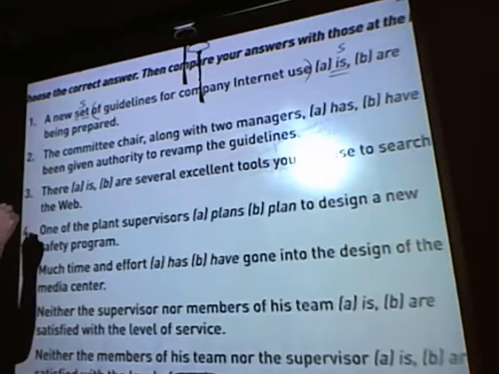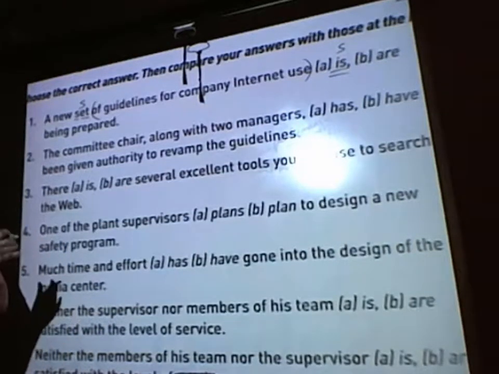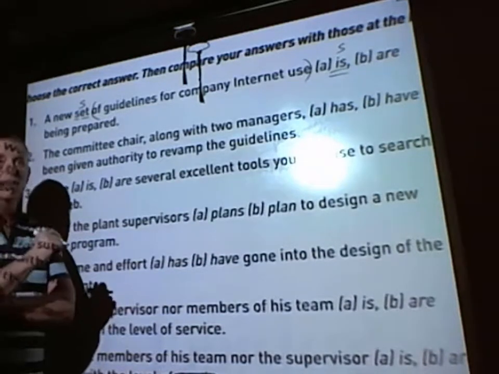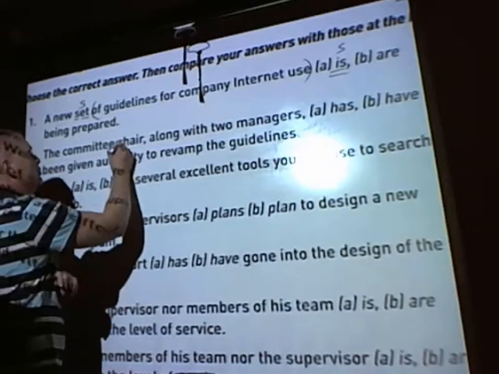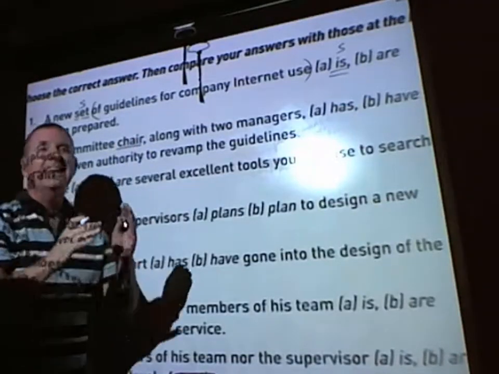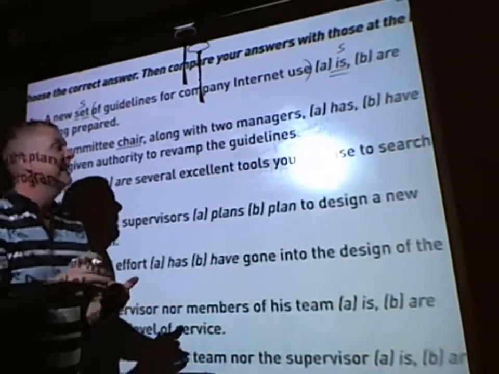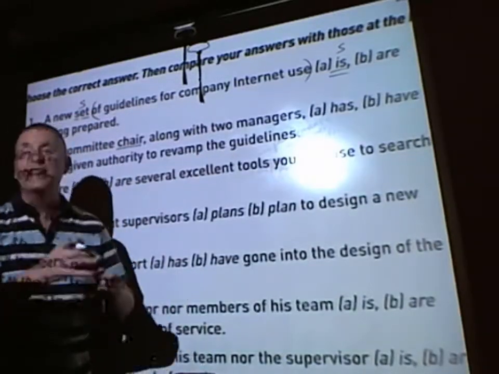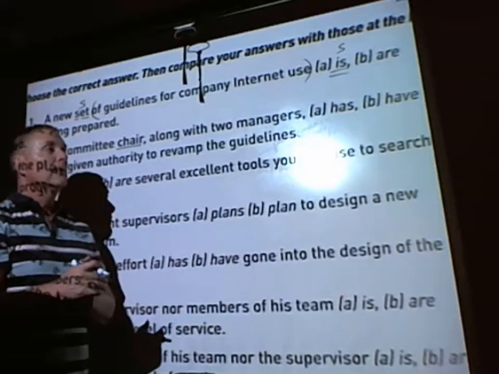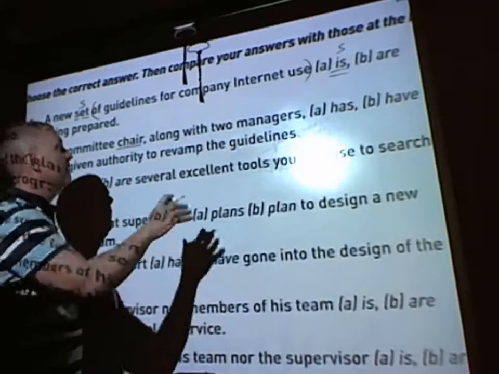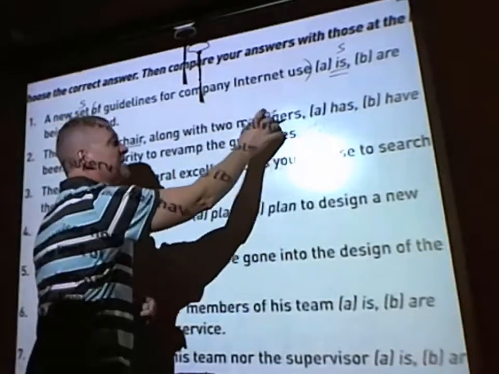Number 2, the committee chair, along with 2 managers, has or have been given authority to revamp the guidelines. Whenever you're making a decision as to whether the subject and verb is singular or plural, first identify the subject, and then disregard any intervening elements such as a prepositional phrase or anything that begins with along with or together with, in addition to, any intervening element between the subject and verb, even though the intervening element suggests plurality.